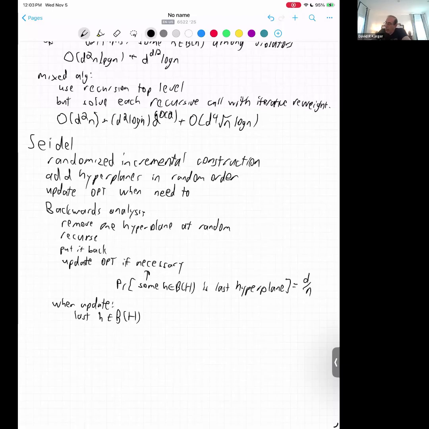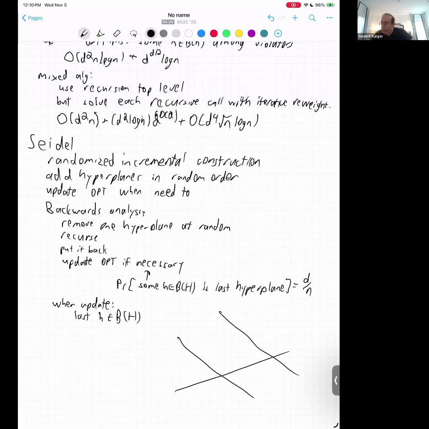So I could be in a situation where, let's see, can I draw this quickly? We have down here 2, and up here a different 2. And the result is that if I take this last H away, it completely moves the optimum. All right.